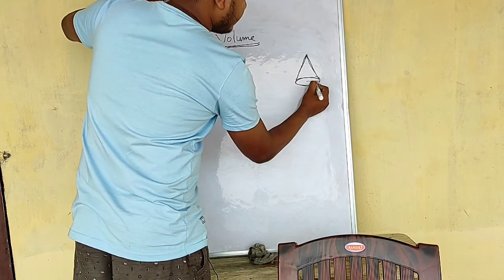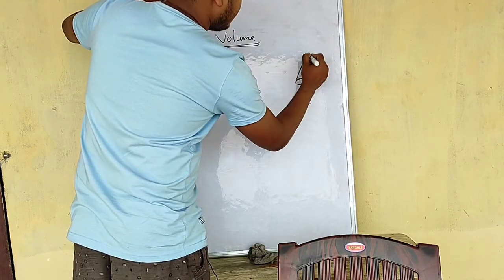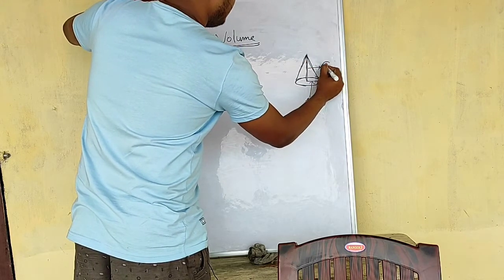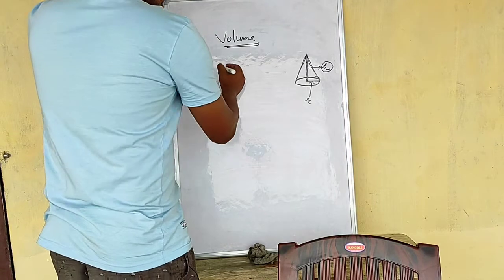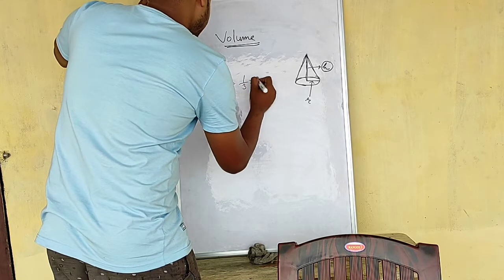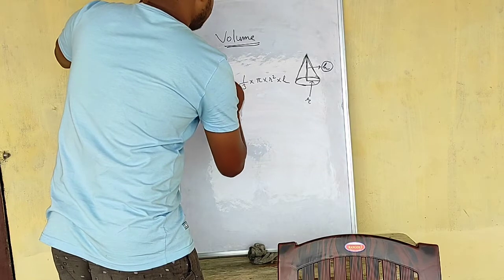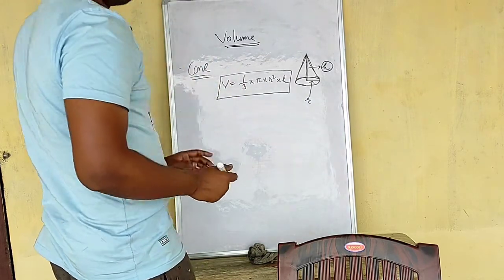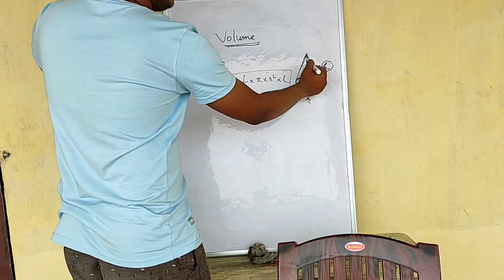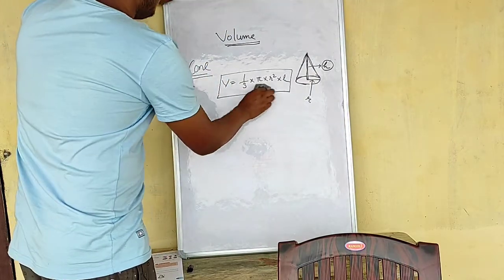The radius of this circular plate is r, and the total height, this height, is called h. So you have to find the volume. Volume is 1/3 into pi into r square into h. I have described to you what r is. r is the radius of the circular face, and h is the height. This is for a cone.